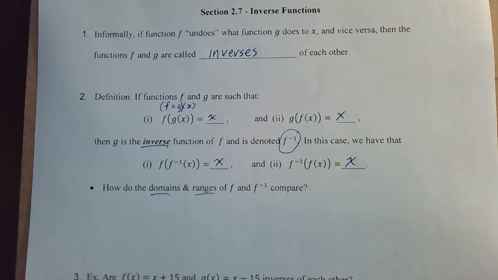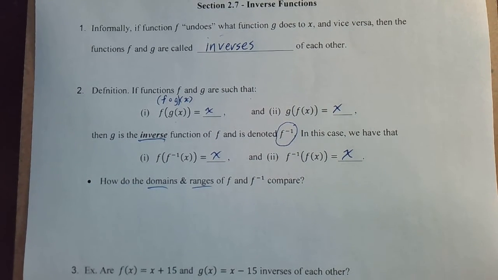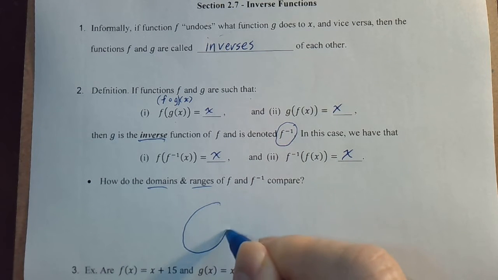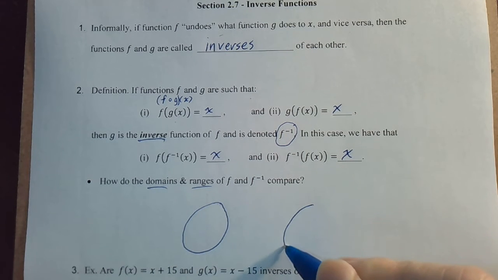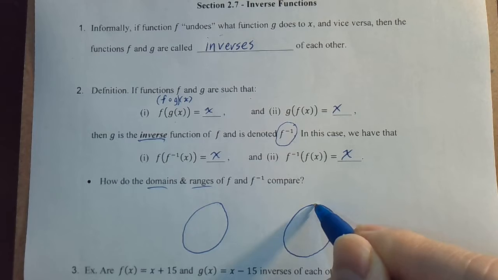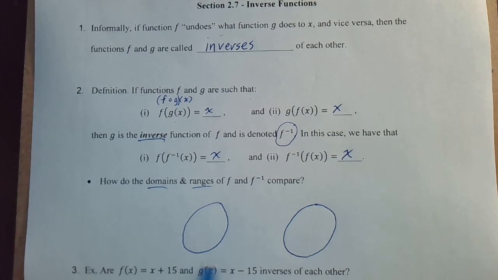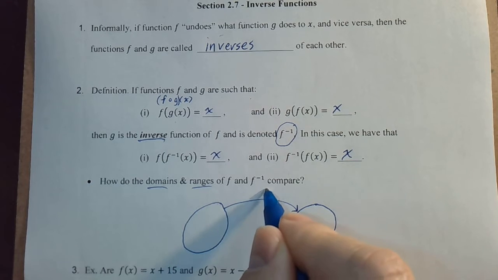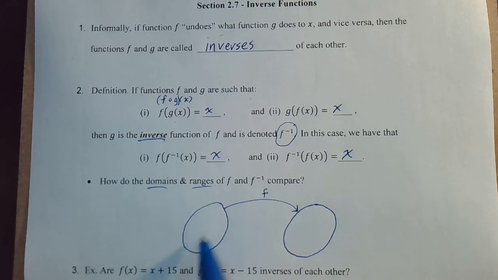Okay, so domains and ranges. Let me just draw a little picture to describe this one. The domains and ranges of f and f inverse. So suppose we have f and f inverse. And let's just call these two sets of numbers. The function f takes these numbers and maps them into these numbers.